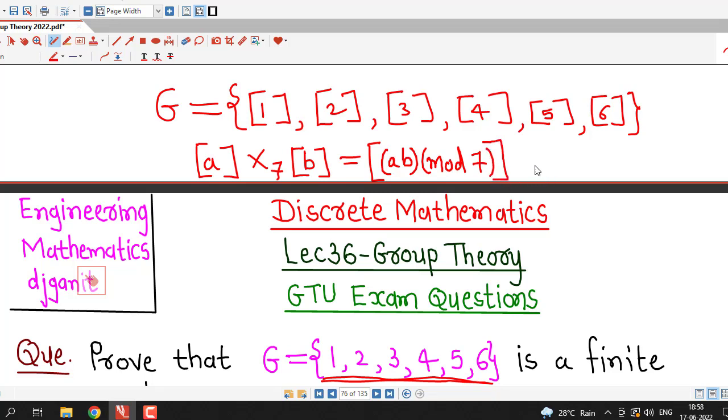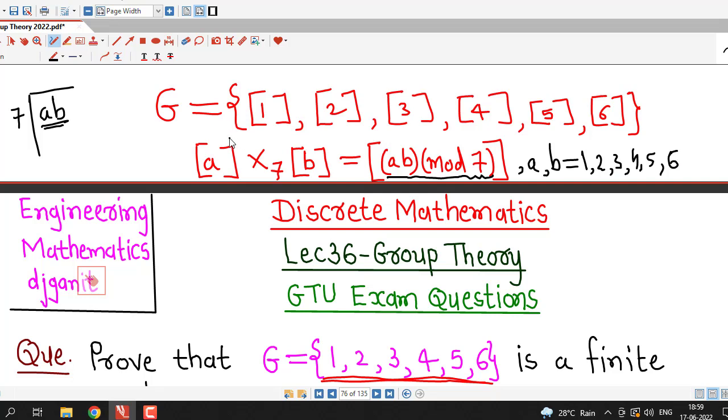AB modulo 7 means we have to decide the remainder when this product A into B is divided by 7. So this is the equivalence class generated by the remainder when A into B is divided by 7, and this is true for all A, B equal to 1, 2, 3, 4, 5 and 6.